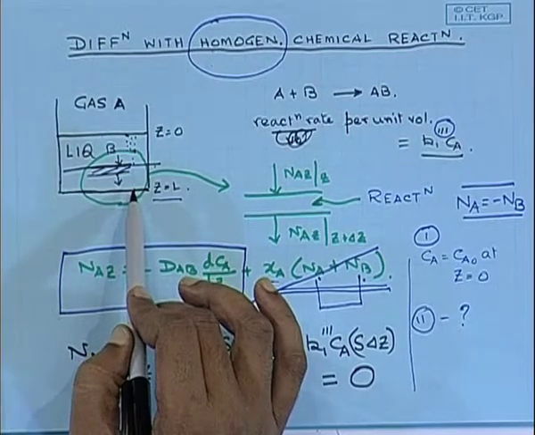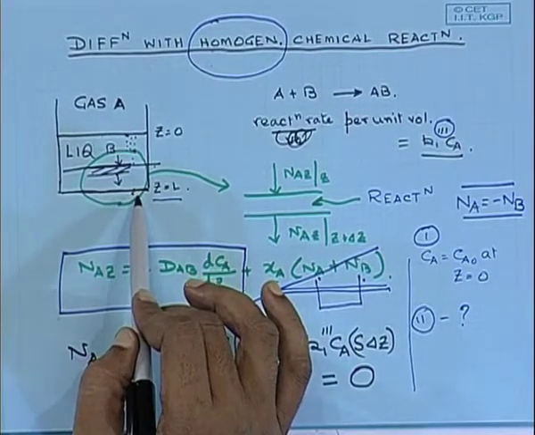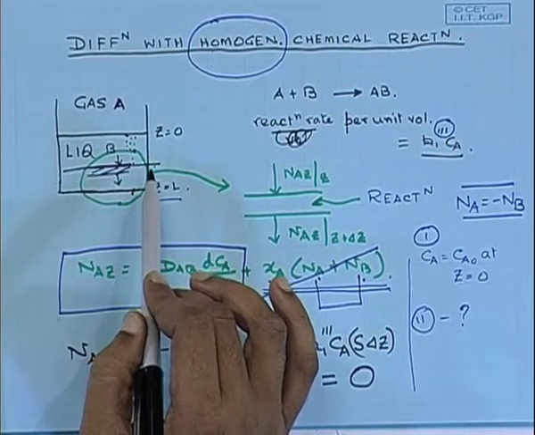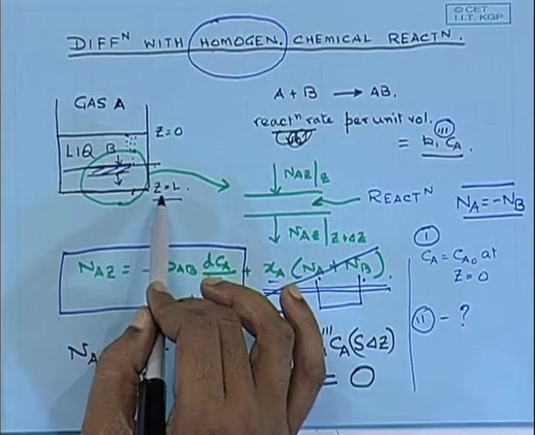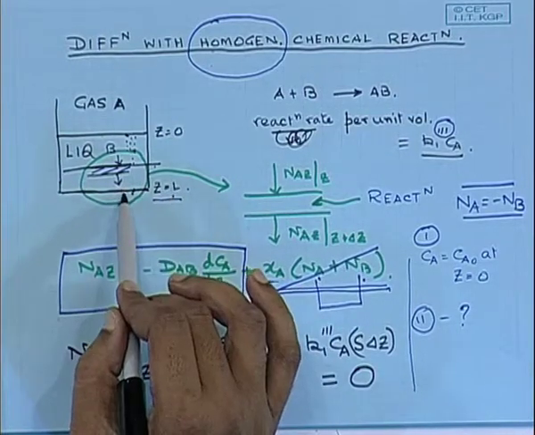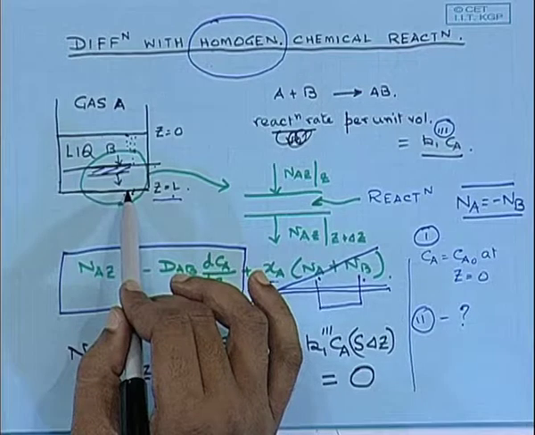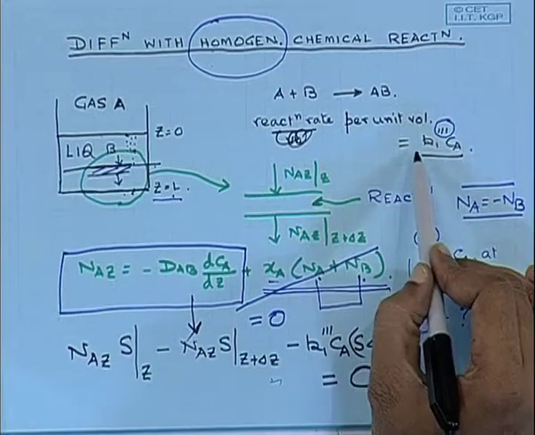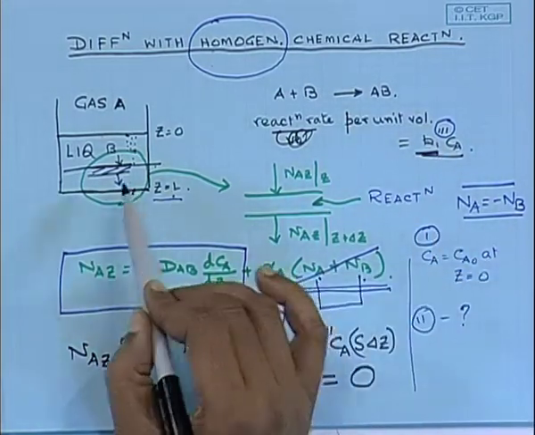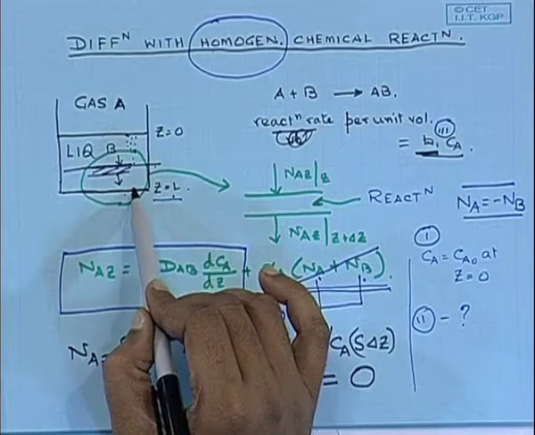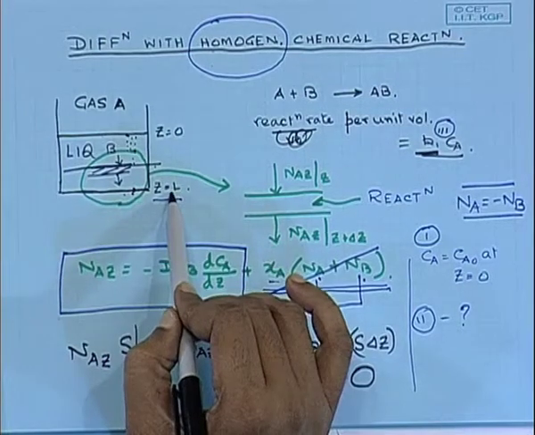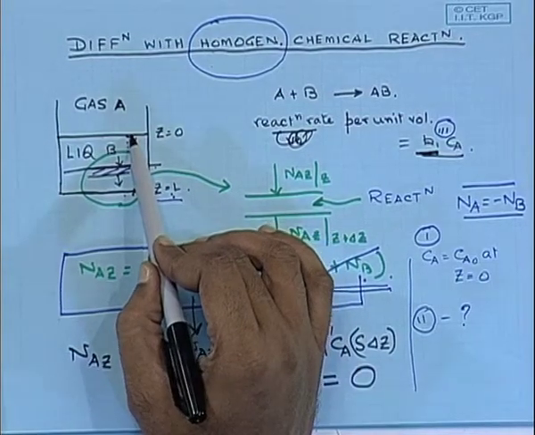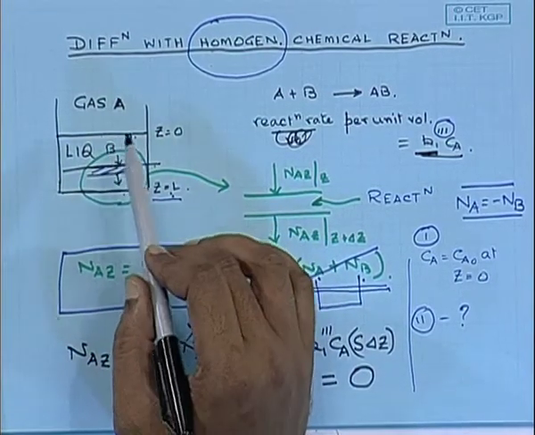So, there would be a steady state concentration of A at Z equal to L, which is unknown to us, which would depend on the value of L, the value of the diffusion coefficient, and what else? The magnitude of K. So, the steady state concentration of A at Z equal to L will depend on the depth, the reaction rate, the value of Ca0 at this point, and the diffusion coefficient.